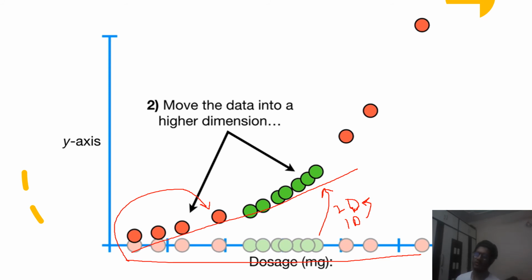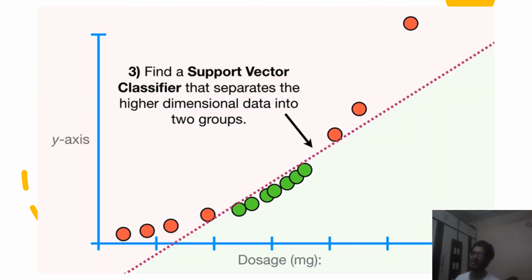So over here we are using the square function, but for many other types of data we can use other functions as well. A lot of popular kernel functions are out there that convert nonlinear data to linear data in higher dimensions. So now, we just have to find a hyperplane that separates all of these, right?